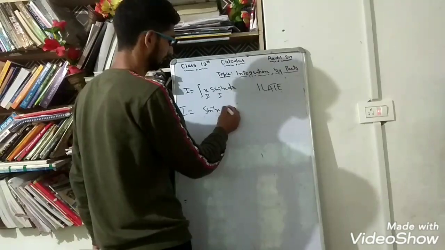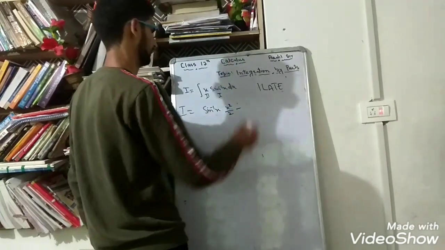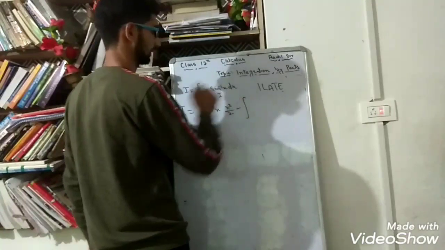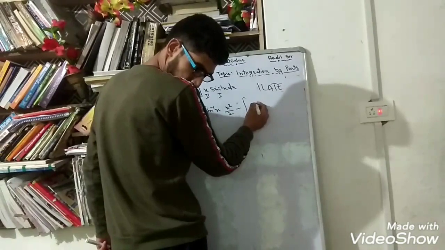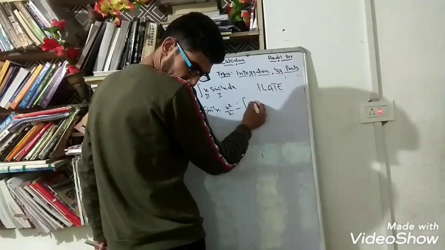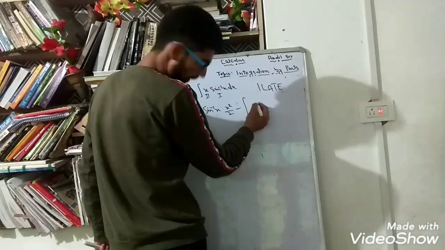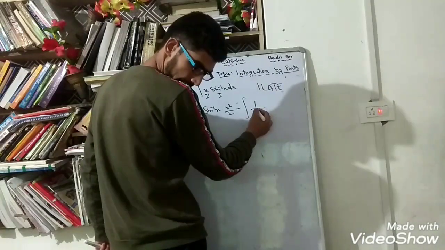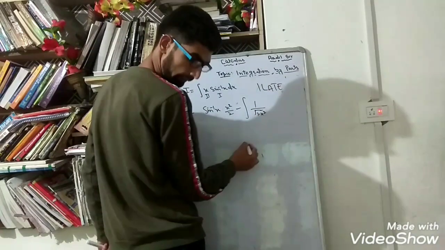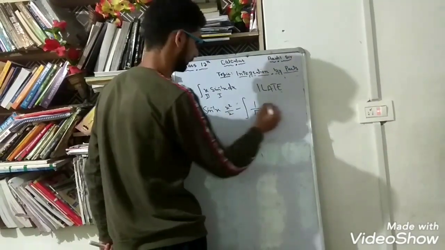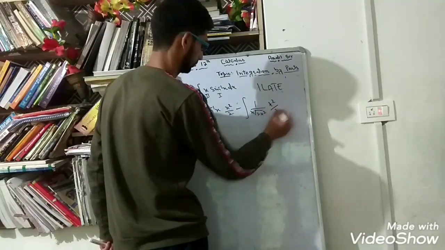and it will become x squared divided by 2, minus the integral of the derivative of the first function, that is 1 divided by under root of 1 minus x squared, times the integral of the second, x squared divided by 2.